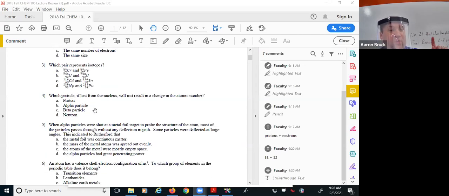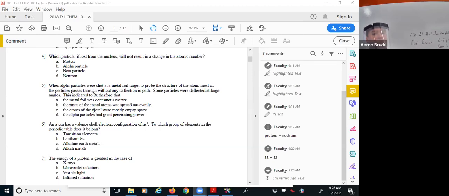All right, this relates directly to what we talked about this week. Which particle, if lost from the nucleus, would not change the atomic number? The neutron, yes.